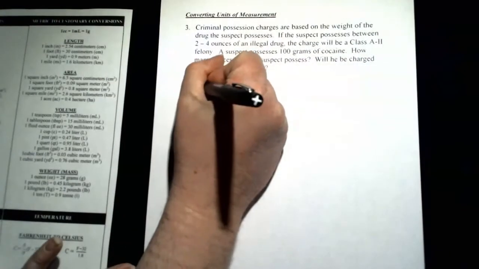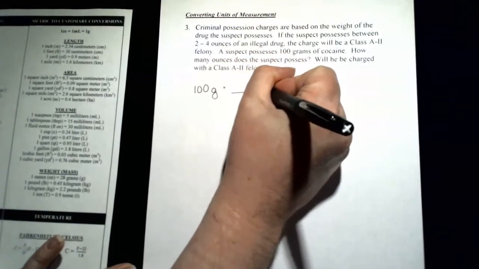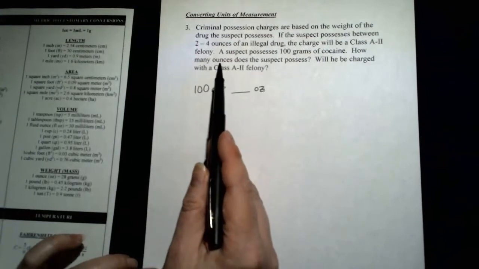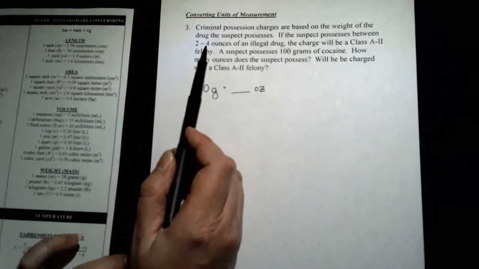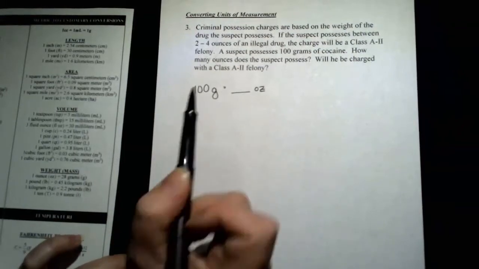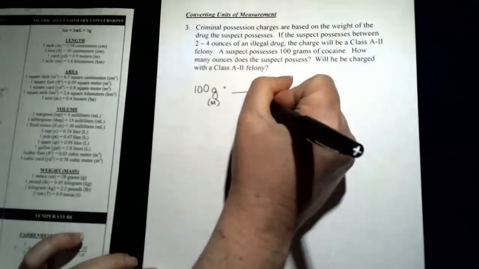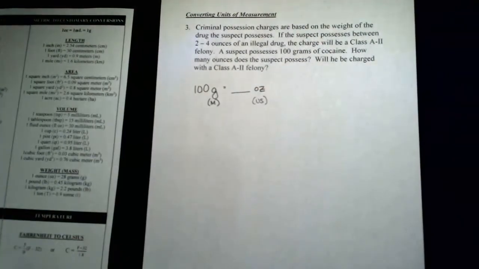So we're going to start by trying to convert the grams that he has to the ounces that they're asking for. That way we can see if it's in the range. So grams is a metric measurement, but the ounce is US. So what I'm going to need to do is unit fractions for this.